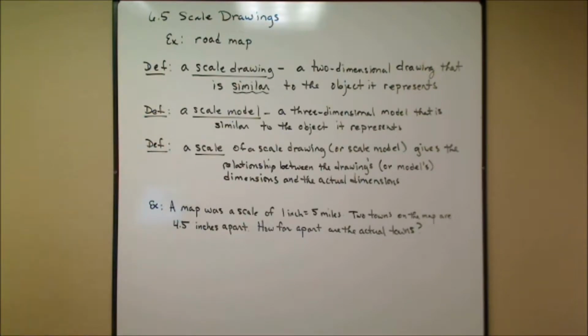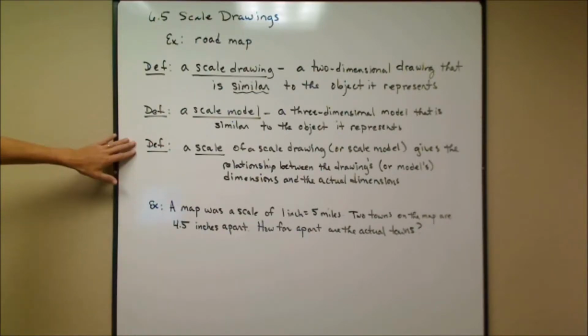For example, the Eiffel Tower model that's out on the strip in front of the Paris, it's not the same exact size as the true Eiffel Tower in Paris, but it has the same scale in that the heights compared to the width of the base and such are in the same ratio as that of the actual building in Paris.